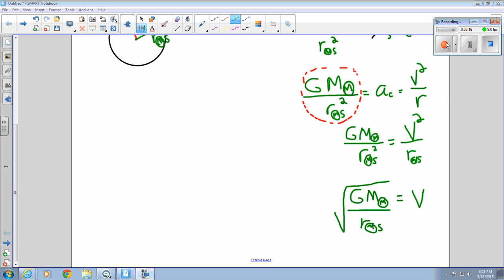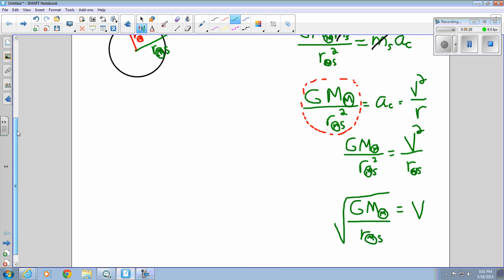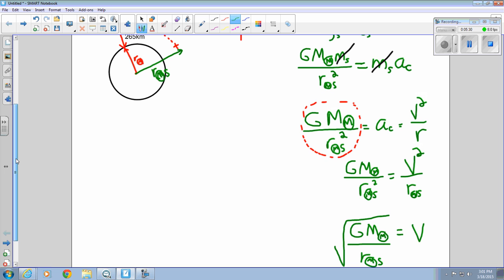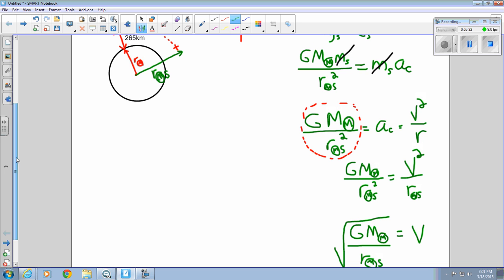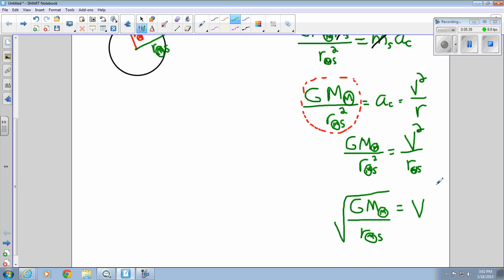We get velocity equal to the square root of the gravitational constant times the mass that the satellite is orbiting, over the radius between the center of the large mass and the satellite. That will give you the velocity. This equation will work for any satellite orbiting a large body. That's a derived equation, so we can start plugging numbers into it to get our velocity.